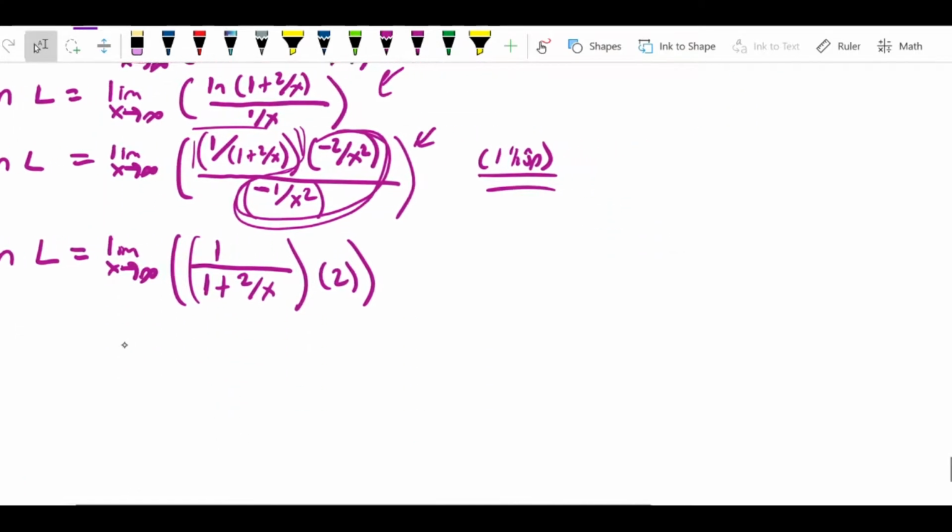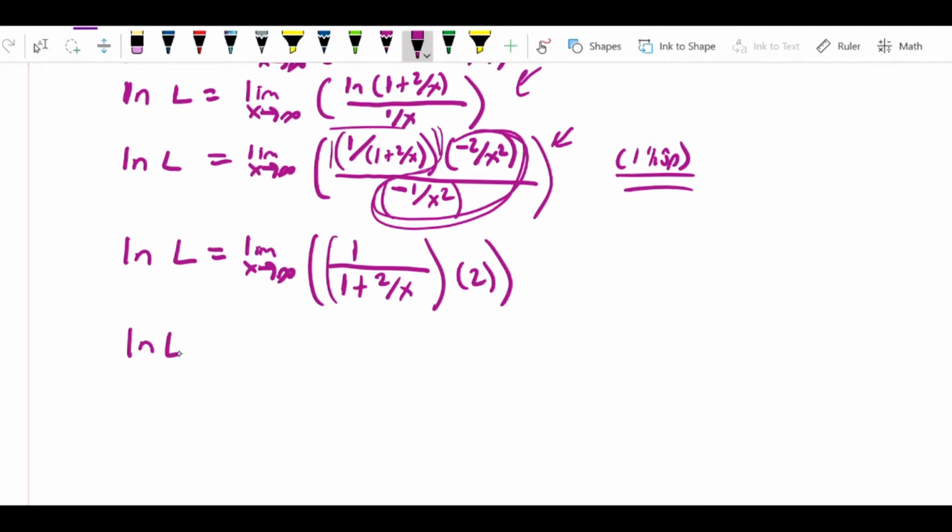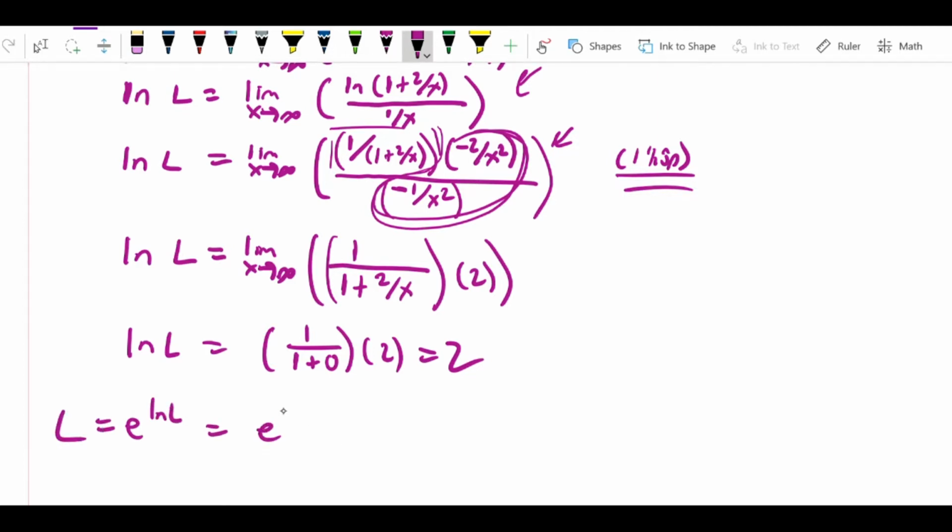Actually, it's not even going to be a limit anymore. I'm just going to substitute. This is going to be 1 over (1 + 0) times 2, which equals 2. So I have the natural log of the limit is equal to 2. I raise e to both sides, e to the ln L, which is just L, equals e squared. So there's the answer. The limit L is equal to e squared.